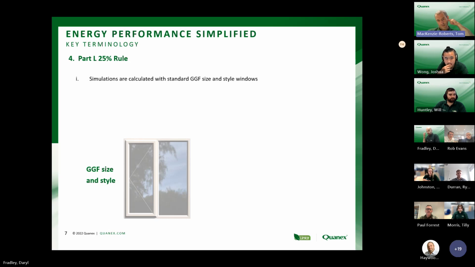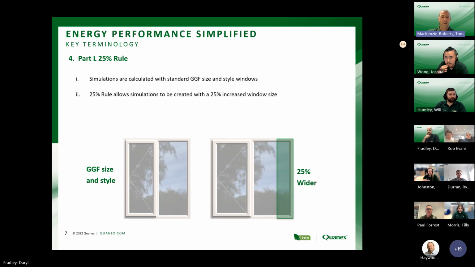The GGF specify these typical sizes and styles to which they're calculated. The 25% rule allows simulations to be created with a 25% increase in the window size. In a casement, as an example, it becomes 25% wider. This results in a better U value as the glass area is increased, the glass being the biggest contributor in terms of the U value.